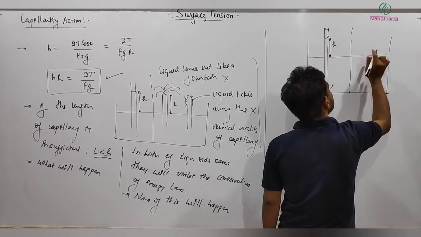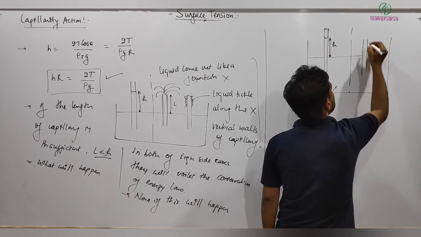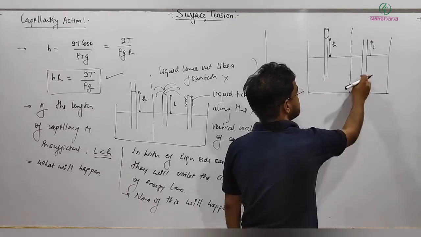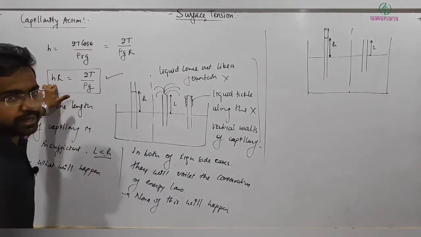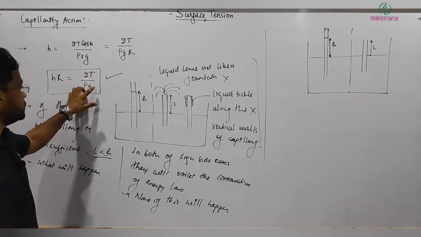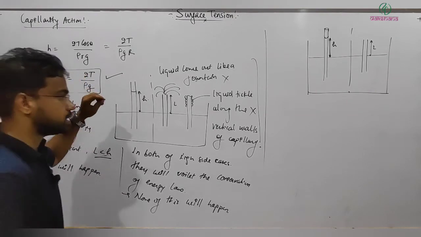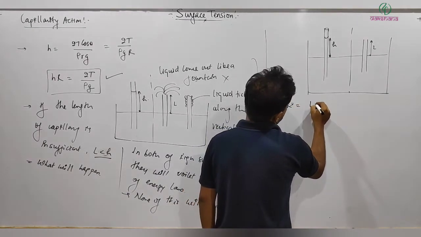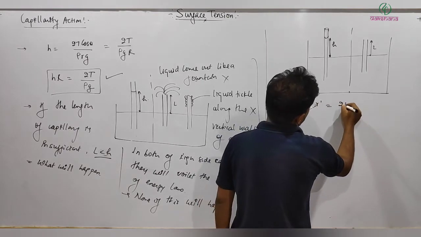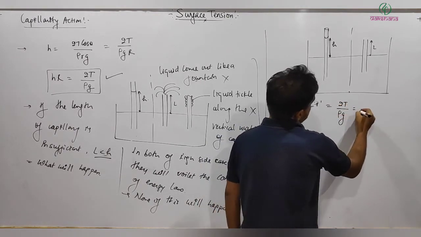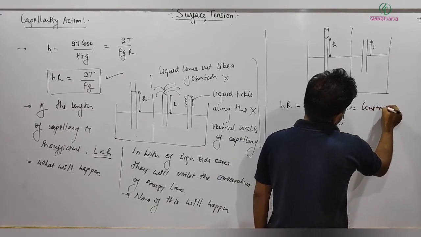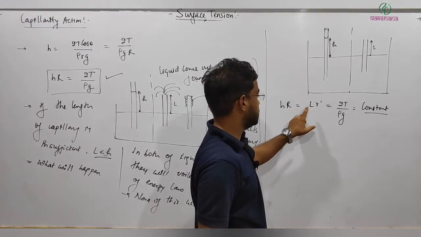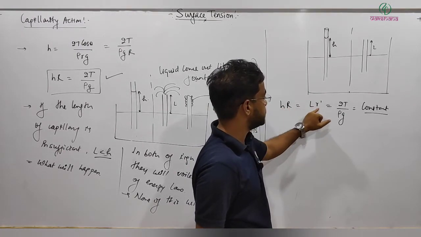If the tube length is only up to here, L, then we have h into r equal to 2T by rho g, so everything here is constant. h into r will be equal to L into some r prime, equal to 2T by rho g. This remains constant. So if h changes to L, r will change to r prime.